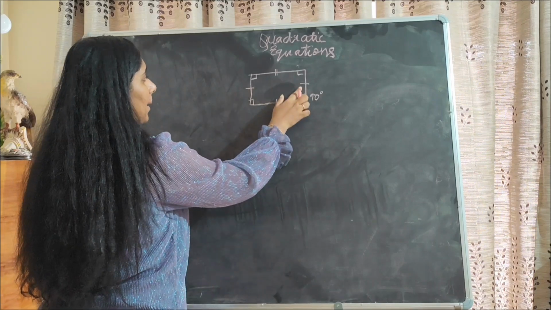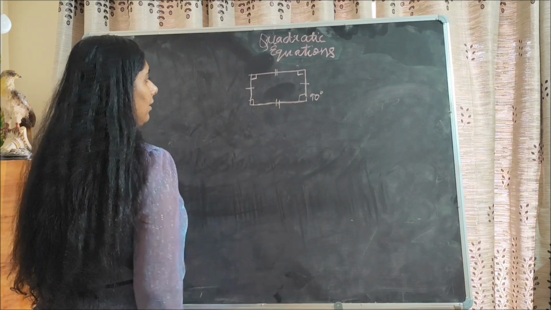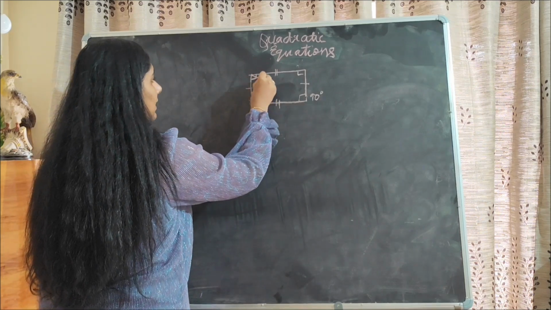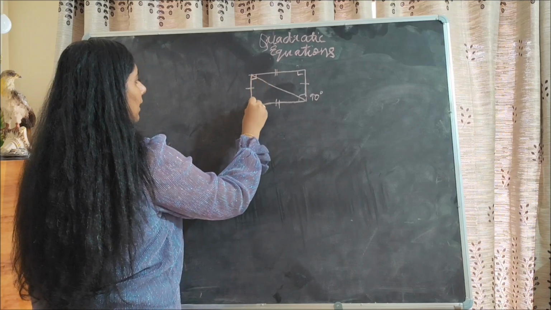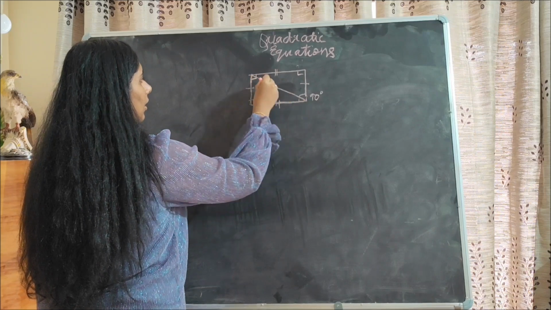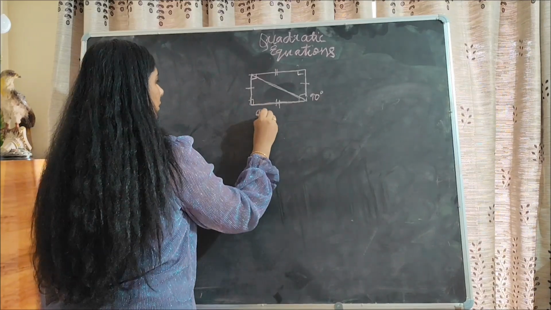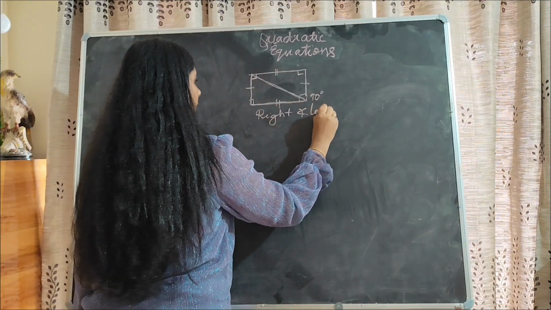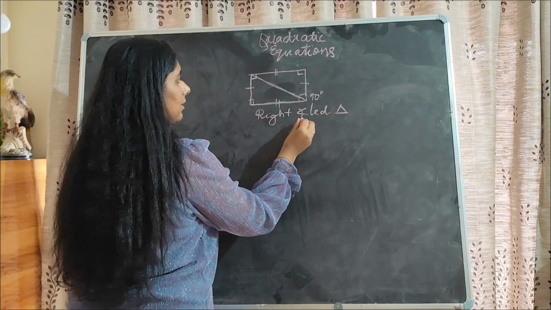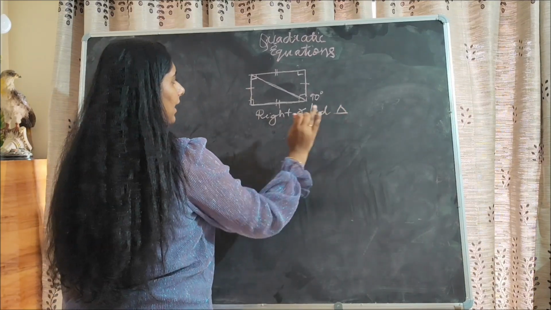The opposite sides are parallel and equal and angles are all 90 degree. So here there is a diagonal given in the question. So this part becomes a right angled triangle. This is a symbol of an angle. So this is a right angled triangle.